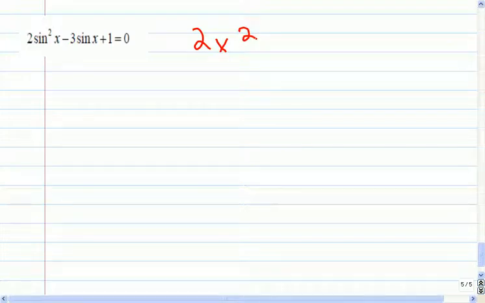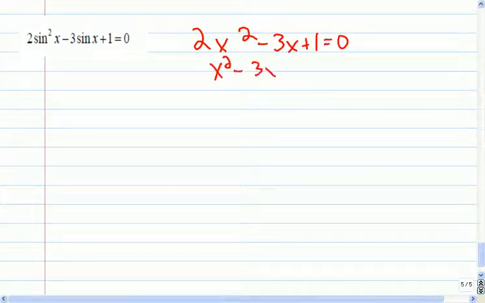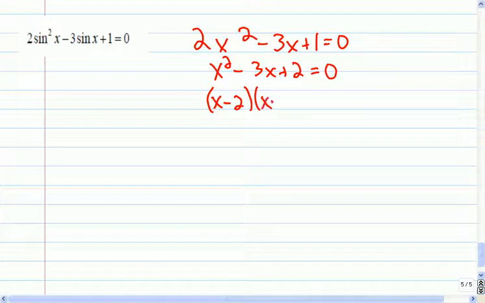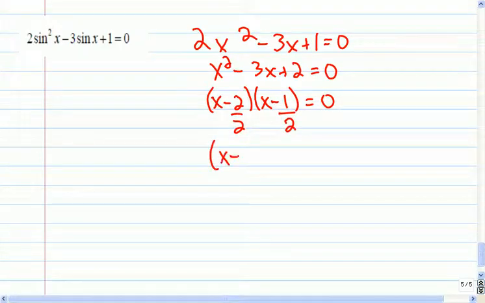Okay, so 2x squared minus 3x plus 1, and to factor this, don't forget, because I'm multiplied by 2, I'm going to have to divide here. So I have x minus 1 and 2x minus 1.